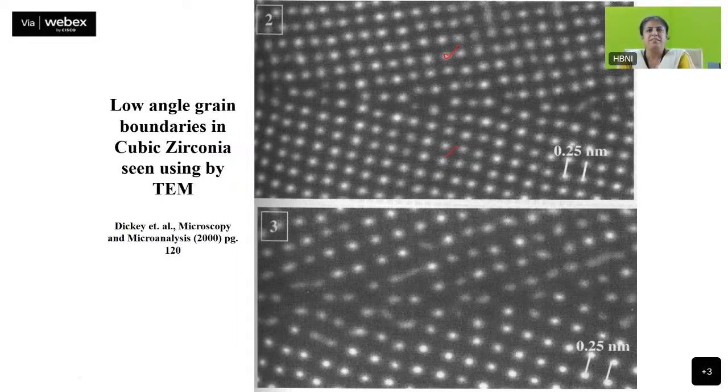And as you can see, this is a low angle grain boundary. They are actually misoriented by a very small angle.